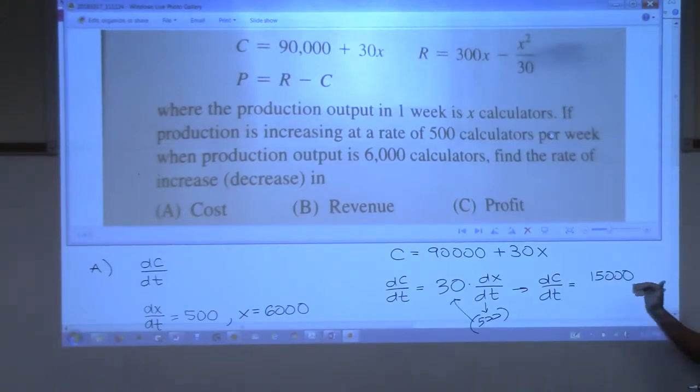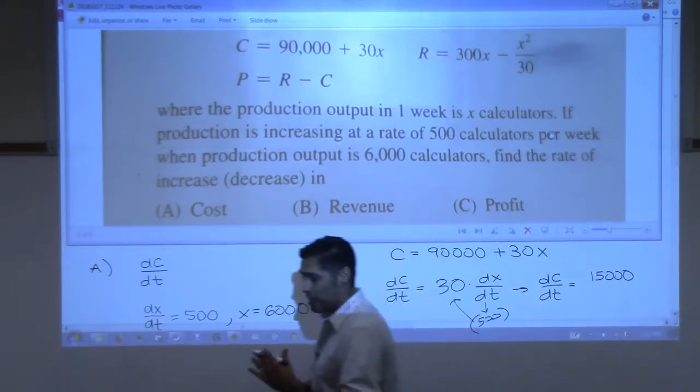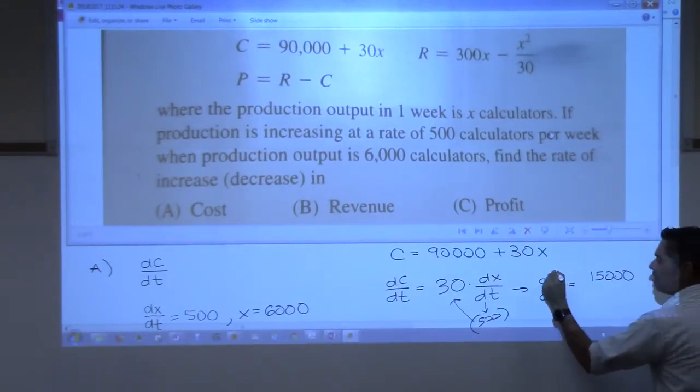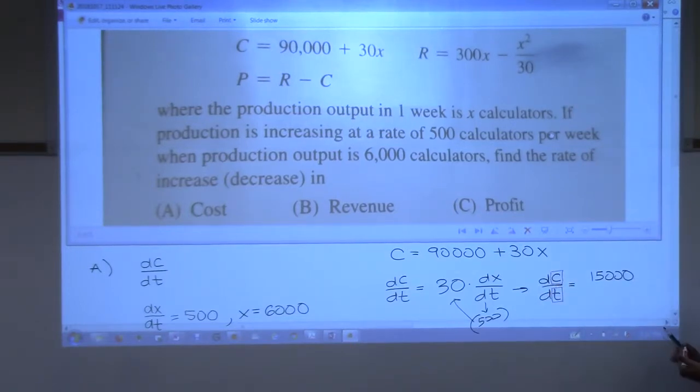Now, to figure out what this is, the easiest way I can explain it, and this is the way I explain it to my regular Cal 1 students, is that all you have to do is look at the two variables here and talk about what they are measuring. So what is cost measuring here? Cost is money, dollars.